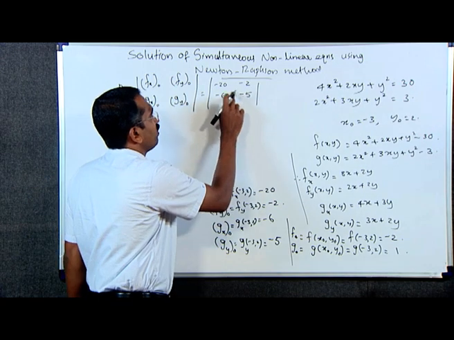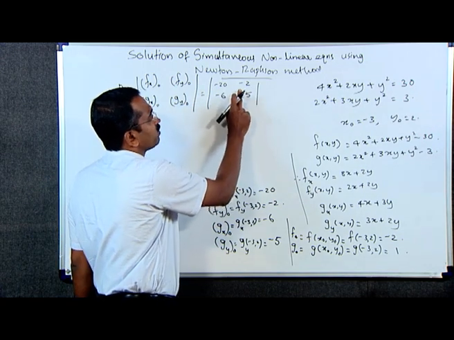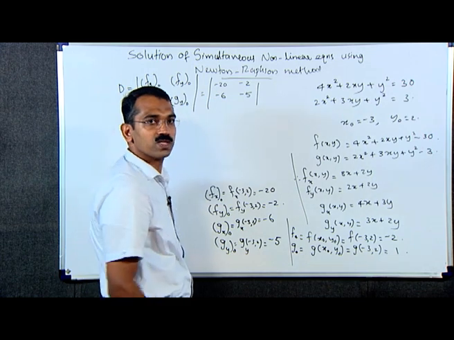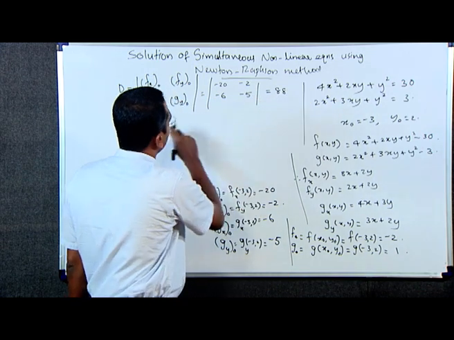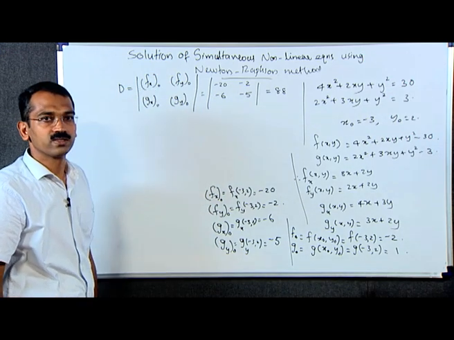That is minus 5 into minus 20 minus minus 2 into minus 6, which is equal to 88. Value of d is 88.